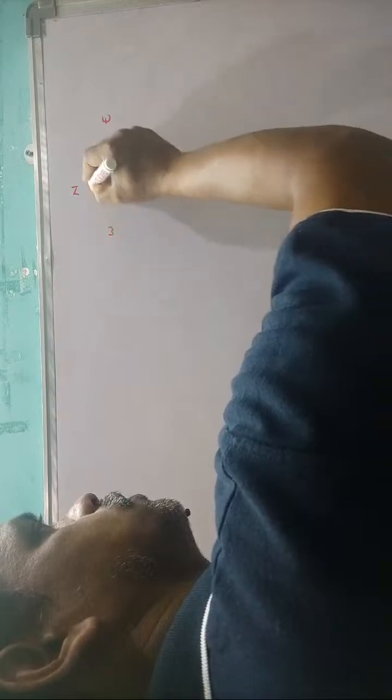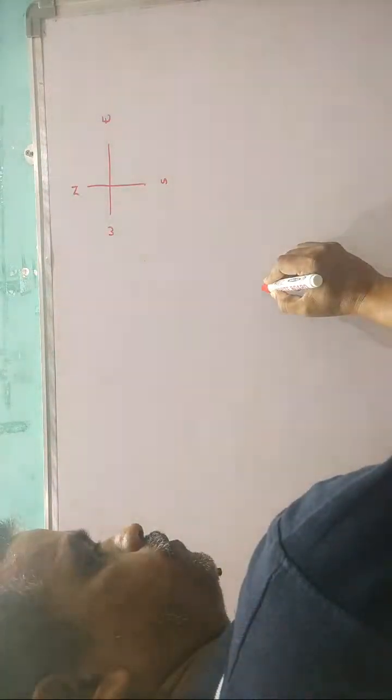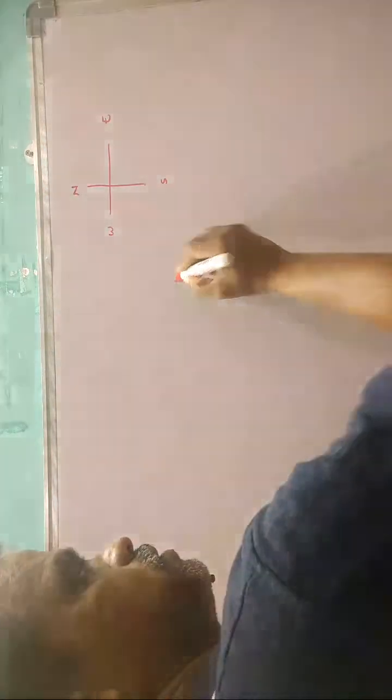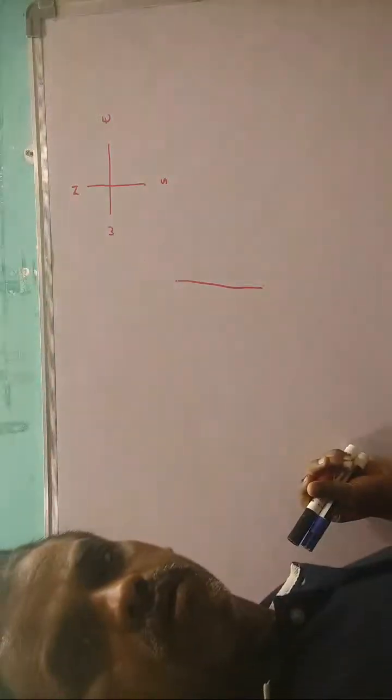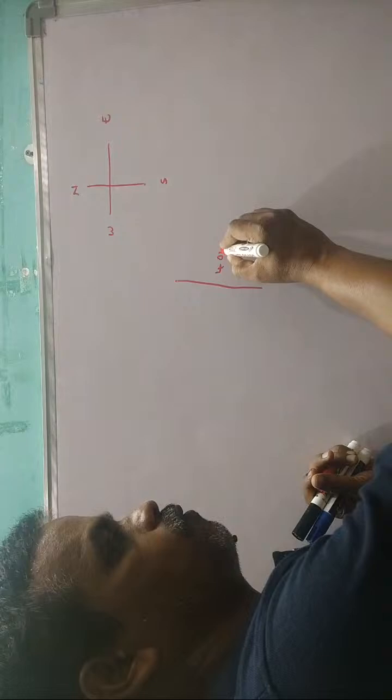See, this is the north, south, east, west. So if an aeroplane walks towards north, that is equal to 400 meter.